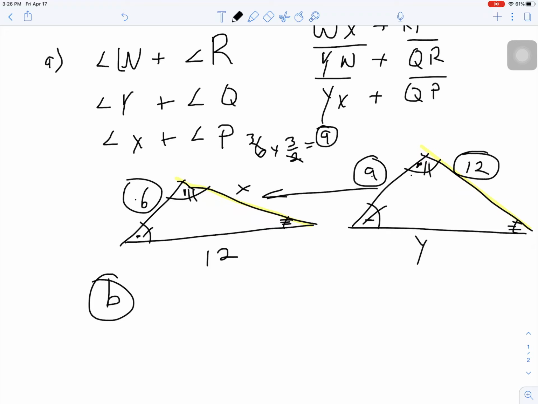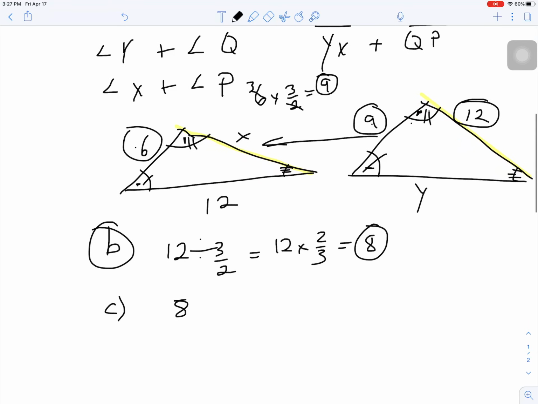So it should be easy to go backwards to the 12, sorry, right? So 12 divided by 3 halves equals 12 times 2 thirds equals 24 over 3, which equals 8. My best guess would be 8, which also answers C, which finding X is going to be 8.